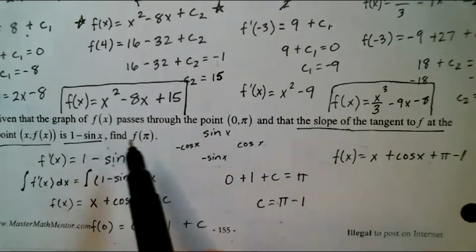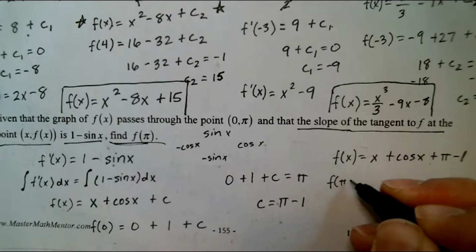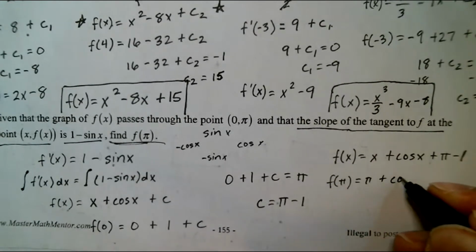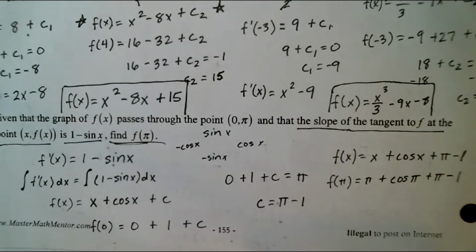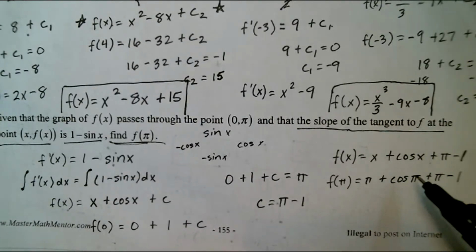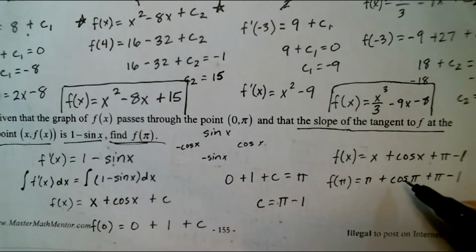And then the question is literally saying find f of pi. So f of pi is equal to pi plus cosine pi plus pi minus 1. Cosine pi is 180 degrees. So what is our x coordinate at that?